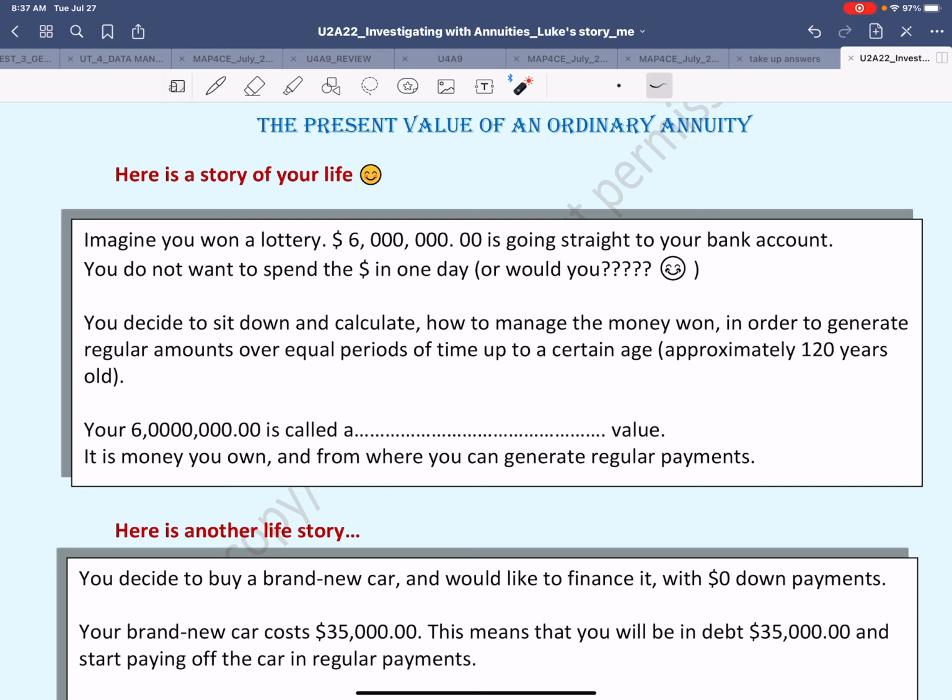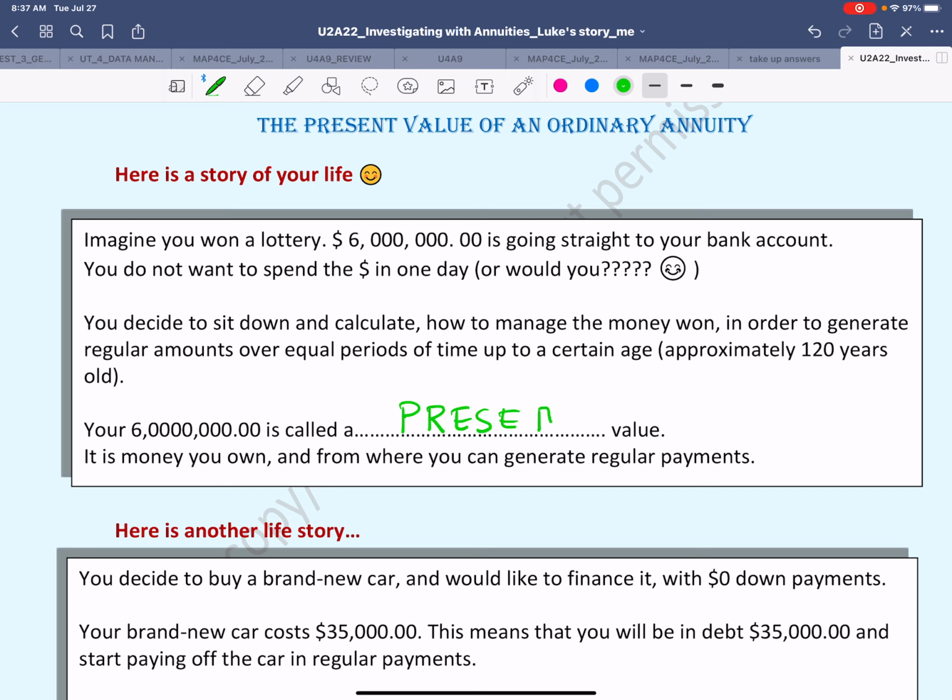You're smart and you want to be rich every day. So your $6 million is called present value. It is money you own and where you can generate regular payments.